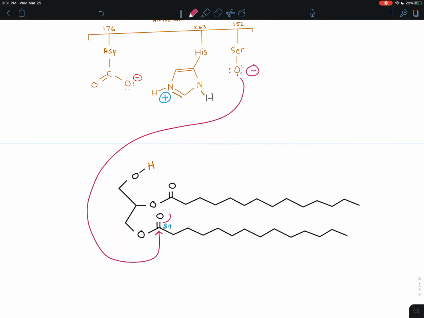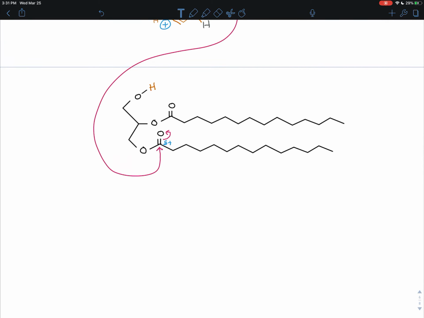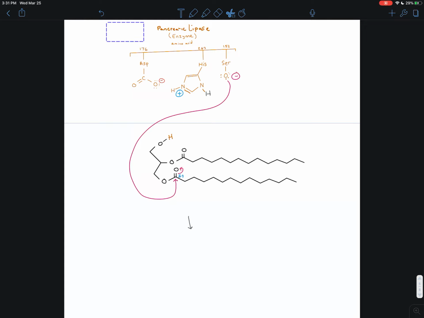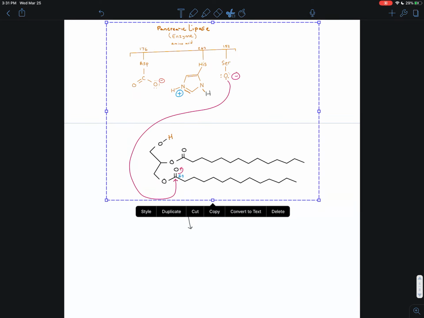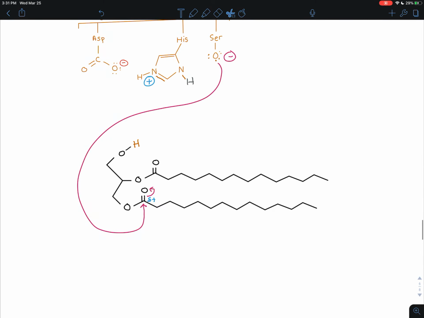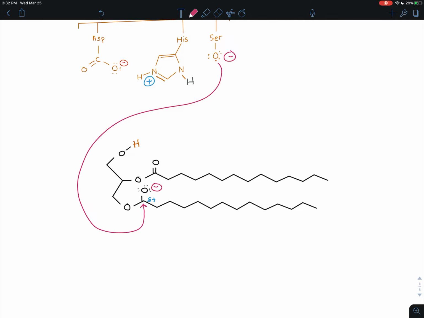The weakest bond breaks, that's the pi bond. The electrons snap back onto that oxygen there. So that gives us our tetrahedral intermediate. So that becomes a third lone pair on this oxygen, which has a full negative charge.